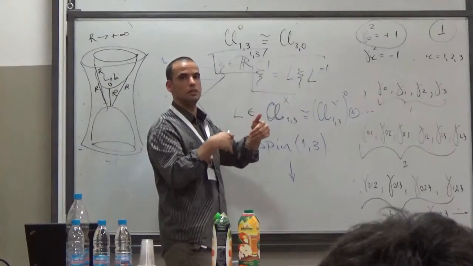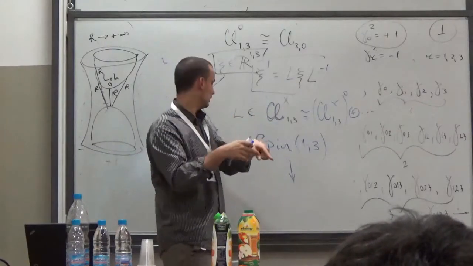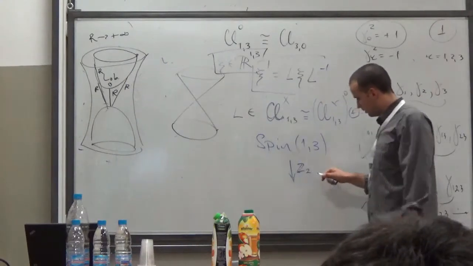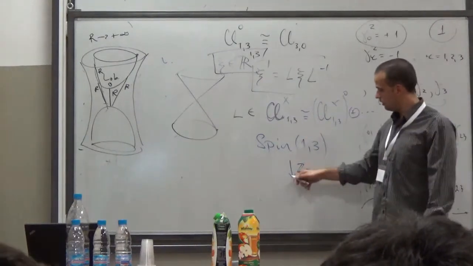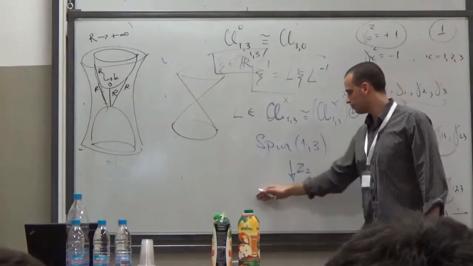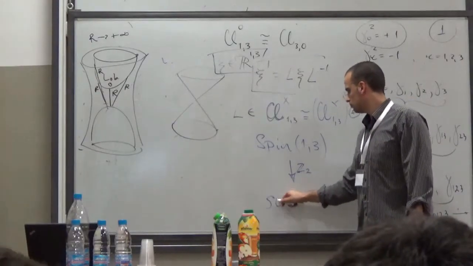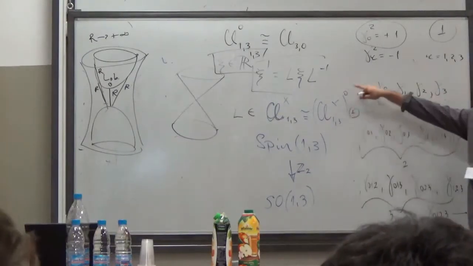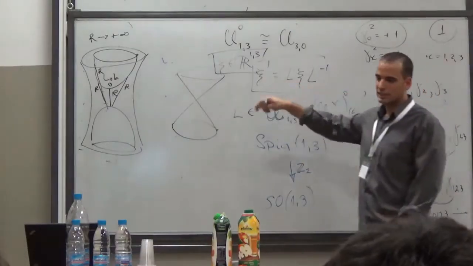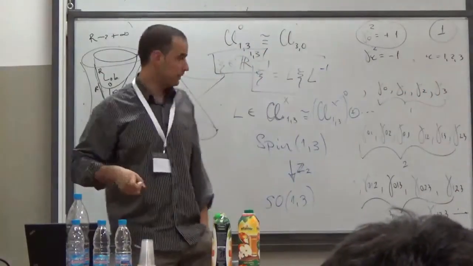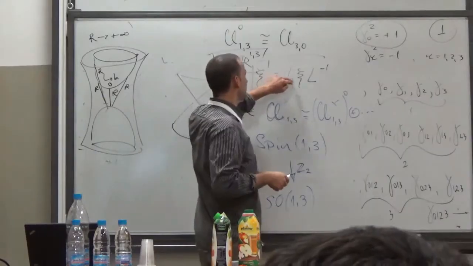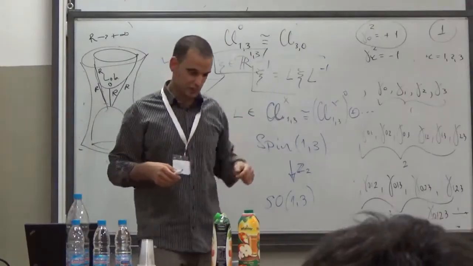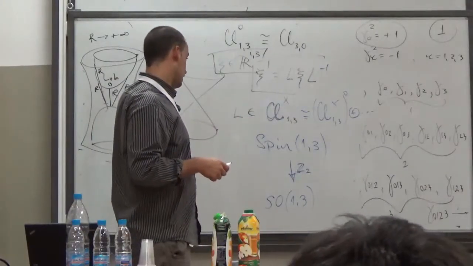So plus or minus goes to the same place, and the kernel stays Z2. The projection onto the Lorentz group is quadratic in terms of changing the sign.